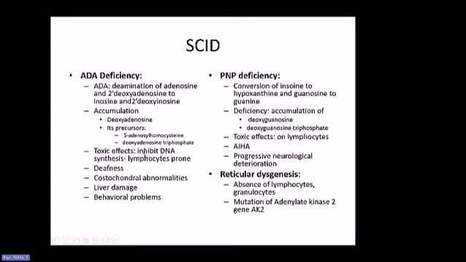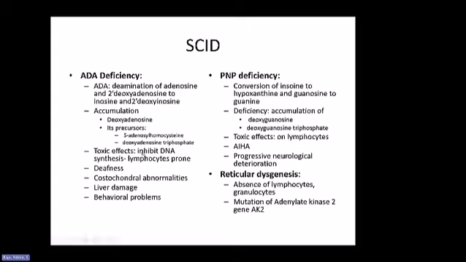But these can have toxic effects on DNA synthesis, and the rapidly proliferating lymphocytes are the ones that can definitely be affected. But then you'll see these other features because of the accumulation of these toxic metabolites on other parts of the body.